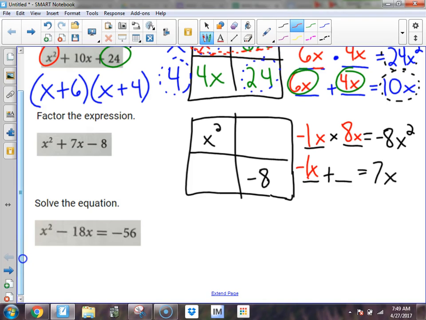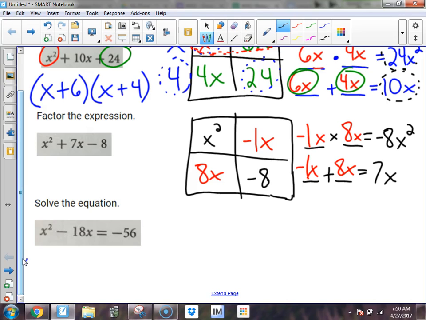Negative 1x, positive 8x. Now, again, it doesn't matter where we put this. I'll put my negative 1x here, and my positive 8x there. A lot of times when you have an x squared in the top left-hand corner, this doesn't work all the time though.